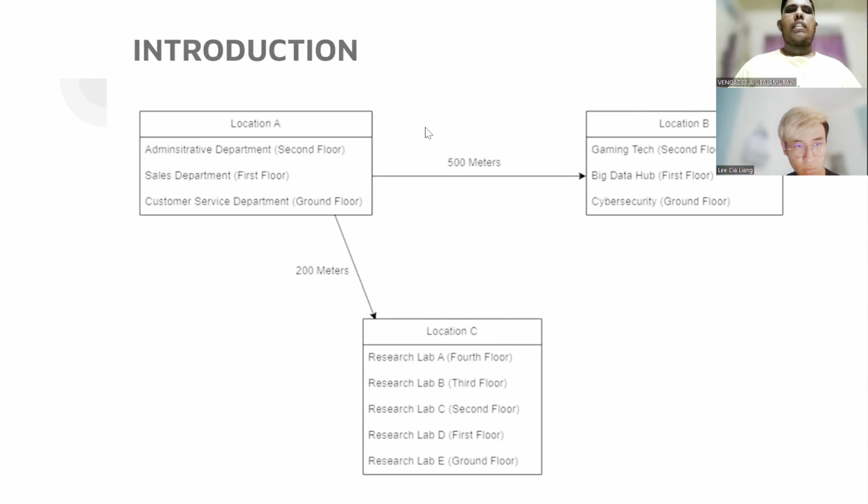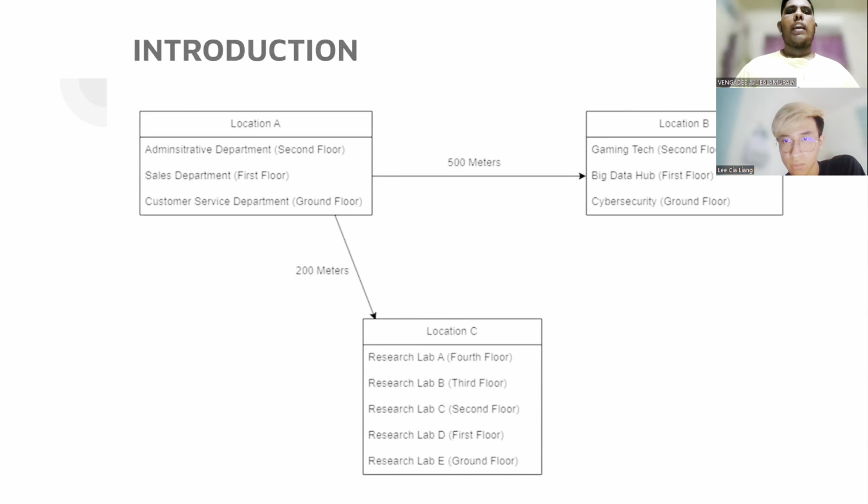As you can see, this is a plan of what we came up with when TechX Solution hired us as their network engineers to design a local area network for their offices. TechX Solution has three offices in different locations. Location A has the administrative department, the sales department, and customer service department.